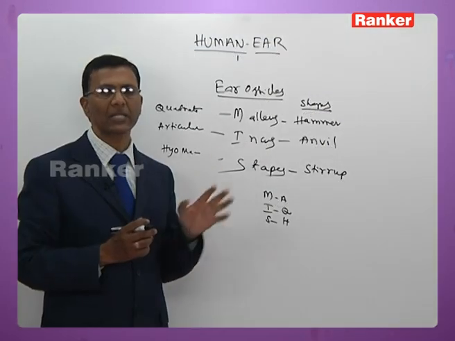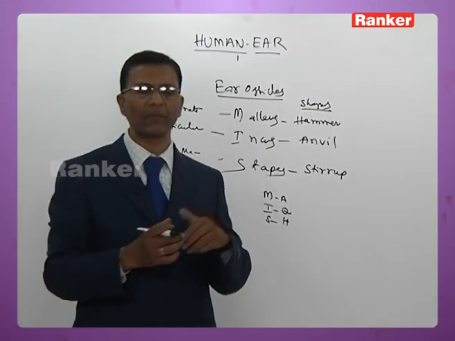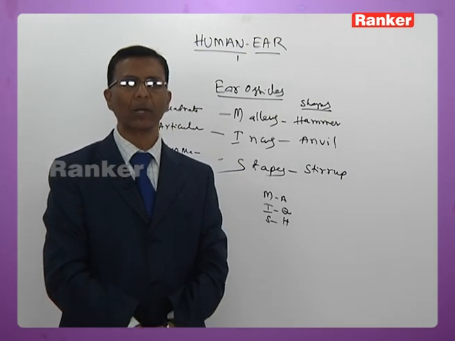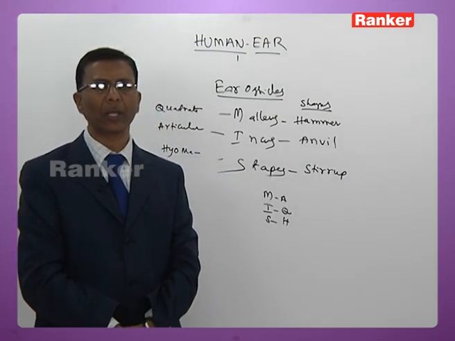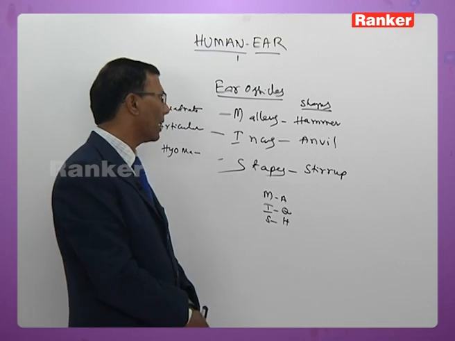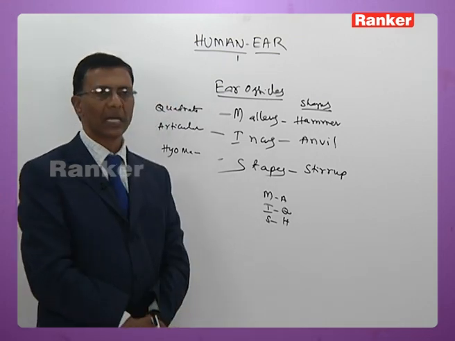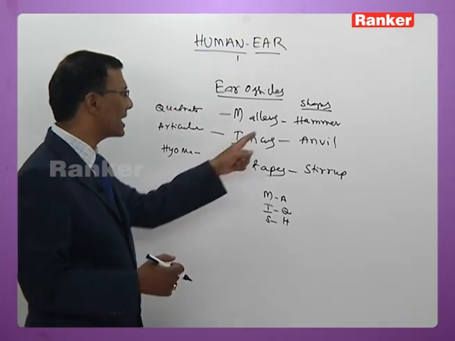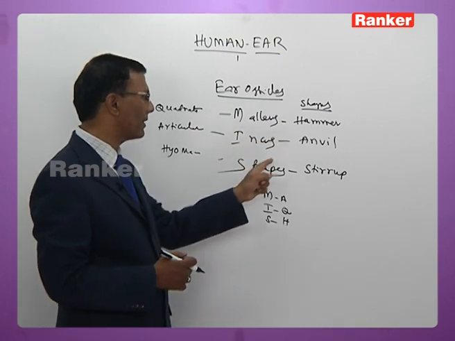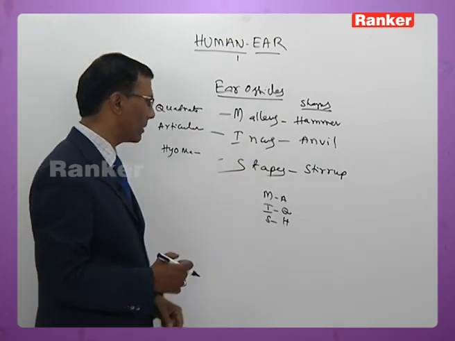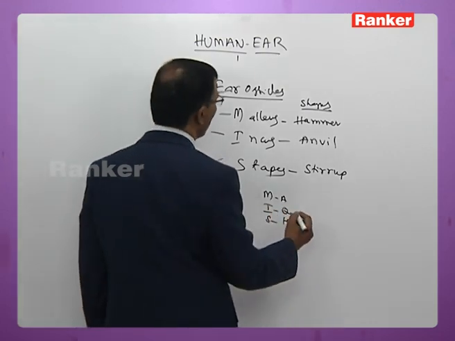I repeat this concept once again. There are three small bony pieces embedded in the middle ear, which you call ear ossicles. They are malleus, incus and stapes. Malleus is hammer shaped, incus is anvil shaped, stapes is stirrup shaped. How do you remember this?